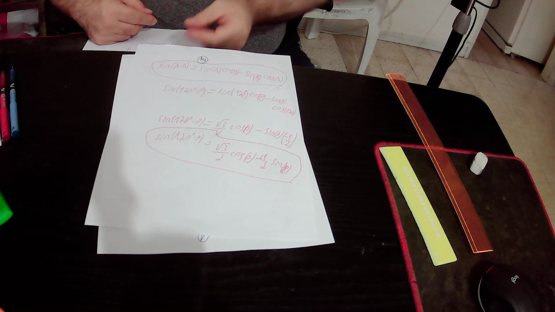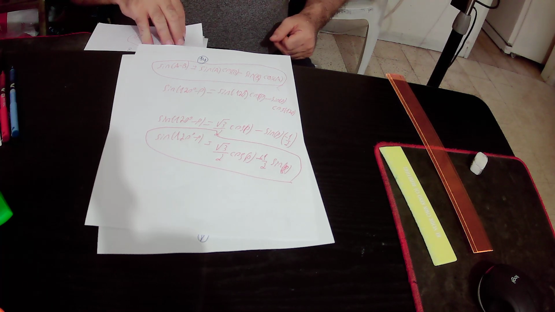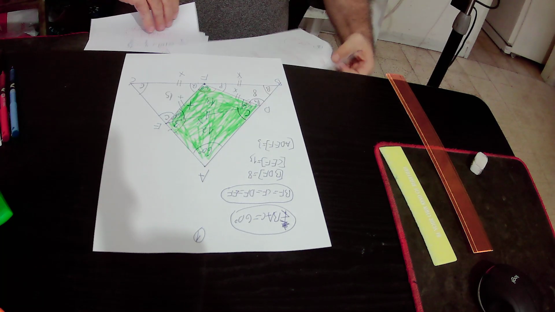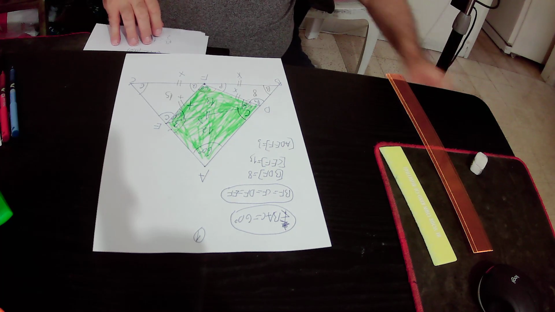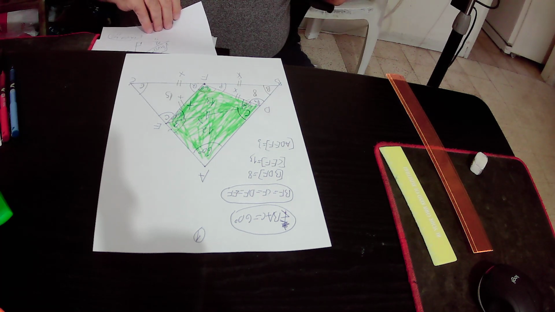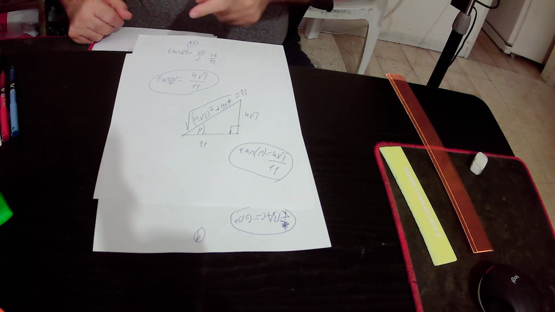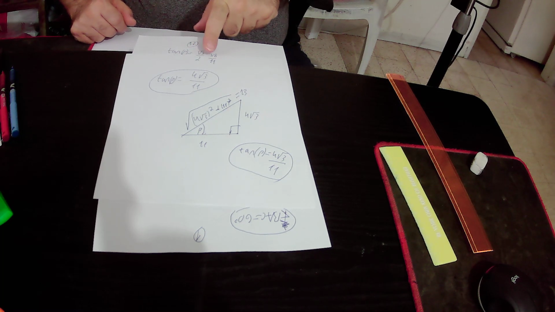The trigonometric identity states that sine A minus B equals sine A times cosine B minus sine B times cosine A. So we calculated the value of sine 120 degrees minus p according to this trigonometric identity, and from it we found that tangent p equals 4 times root 3 over 11.